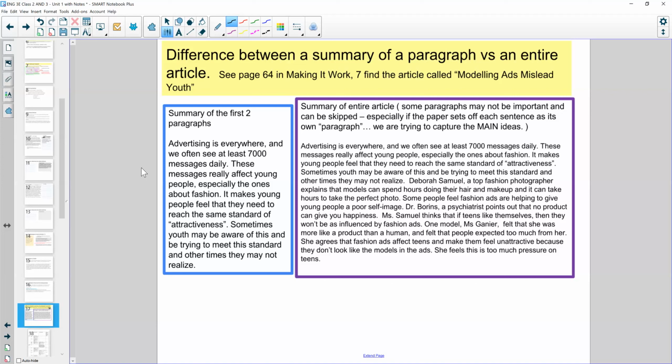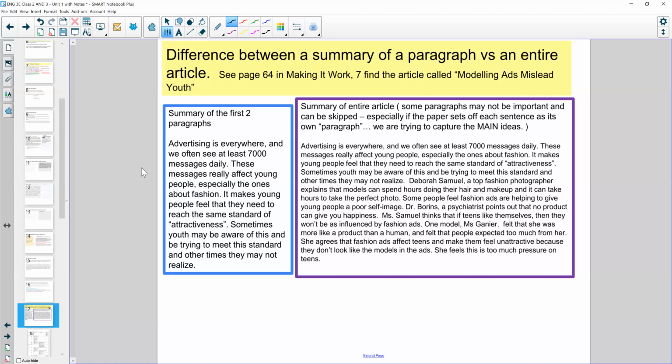On page 64 in the textbook called Making It Work, I found an article called Modeling Ads Mislead Youth. And in the blue section is where I summarized the first couple paragraphs. And in the purple section is where I summarized the whole article. So hang on and I'll read those so you can hear the difference between the two.